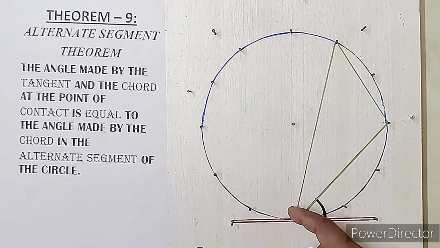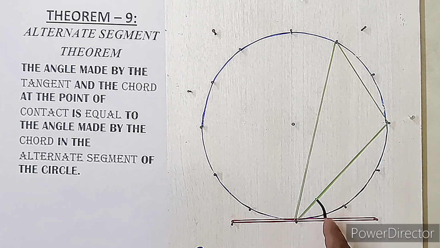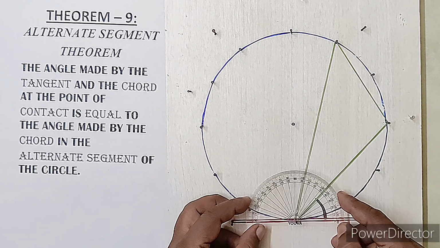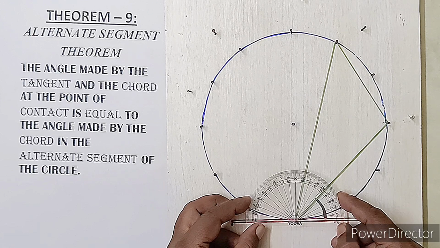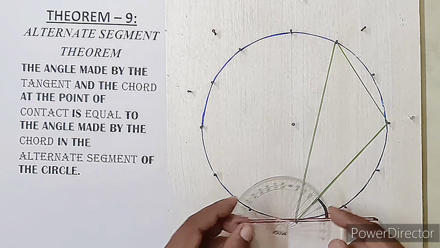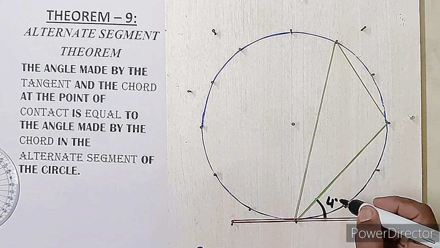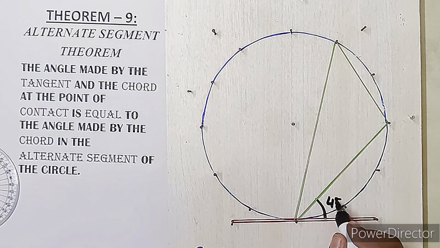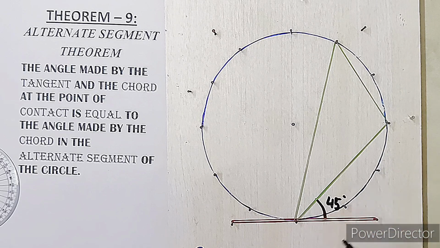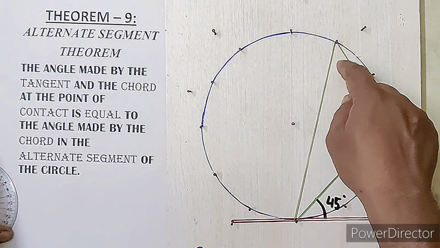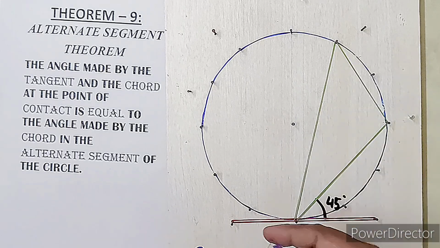So I have made that angle here. Let us measure this angle first. It is coming very close to 45 degree. I will be writing here 45 degree. Then this chord is making this angle in the alternate segment.